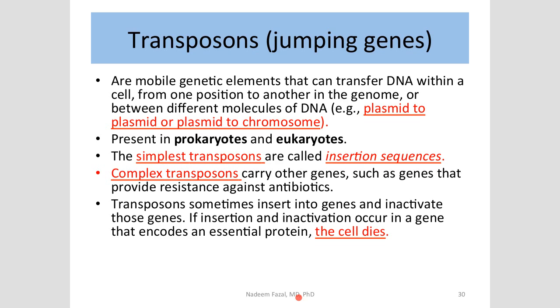In this case, a simple transposon will just carry one gene and insert it in the sequence, as compared to a complex transposon, which is going to carry different genes, stealing different genes from one place in the bacteria and inserting them into another part.